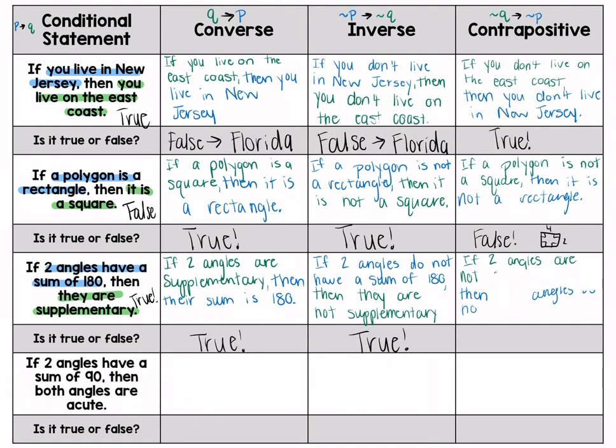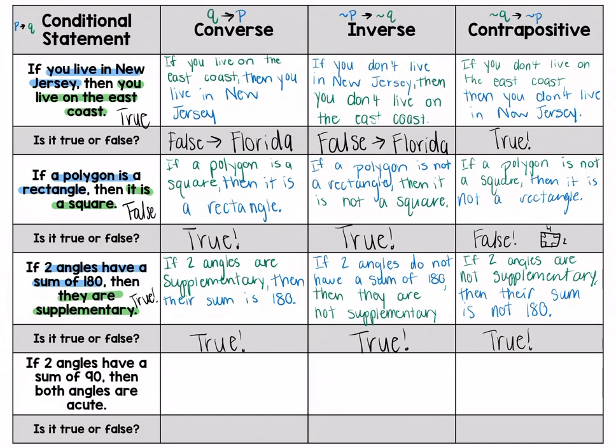I meant to put supplementary. Whoops. So if two angles are not supplementary, then their sum is not 180 degrees. That's true, because they have to be supplementary for them to have a 180 degree sum.